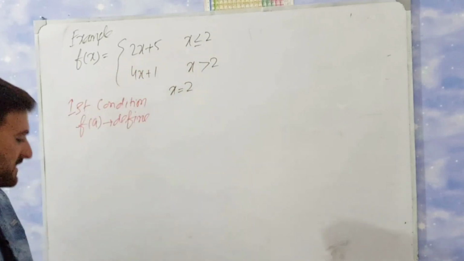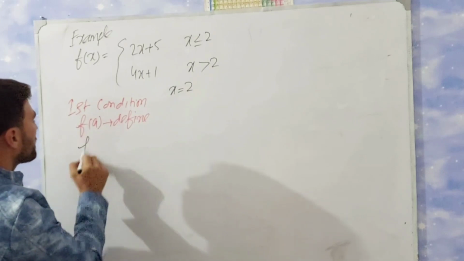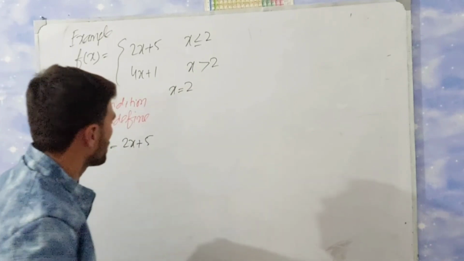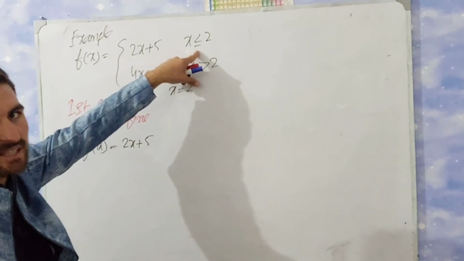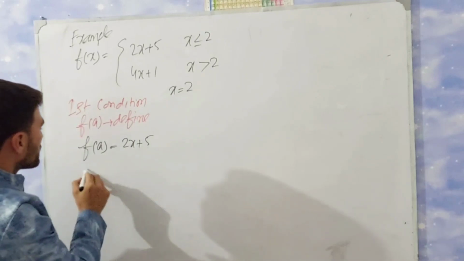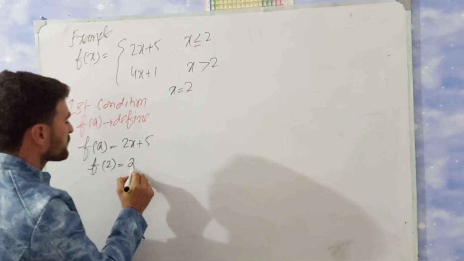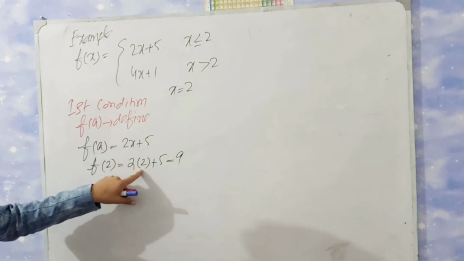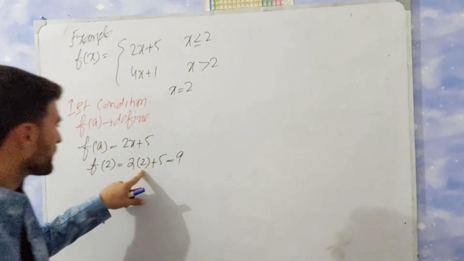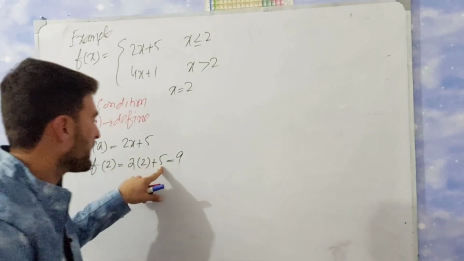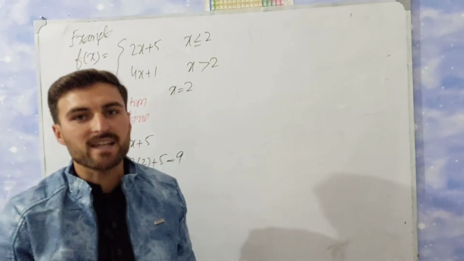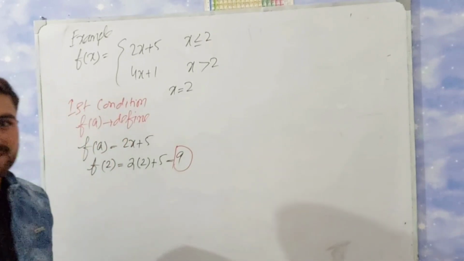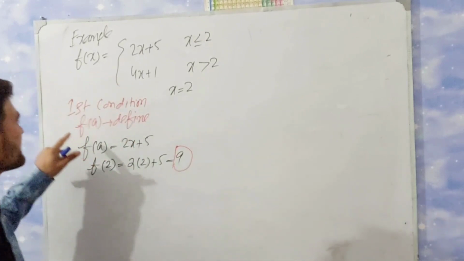So f of a is 2x plus 5, taken because of this equality sign. Let's put the value 2. We get 9, because 2 times 2 is 4, and adding 5 gives 9. Is this defined or not? This is defined, so the first condition is satisfied.